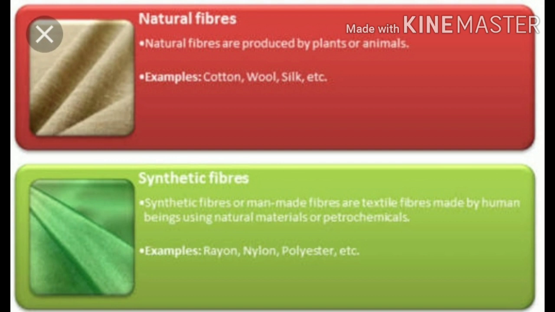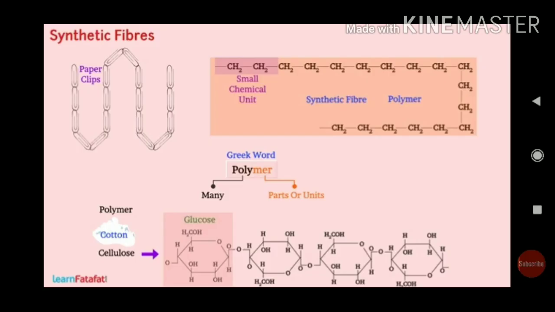The synthetic fibres are not created from plants and do not come from animals; they are artificially created. For example, polyester, nylon, rayon, acrylic, terracotta, and so on all come under synthetic fibres. The synthetic fibres are not only used for making clothes, they have very wide application in the industrial area.